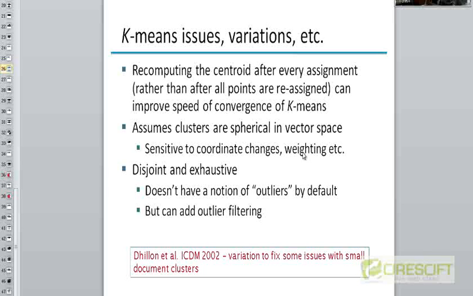Whereas if you look at something like a volcanic chain, volcanoes that are part of the same fault, which are present along the same edge of the continent, they will be logically grouped together in the same cluster. Semantically, they are more similar to one another than volcanoes somewhere else on the continent. So for clusters that are spherical in vector space, k-means works well, but it may not work well for other kinds of data.